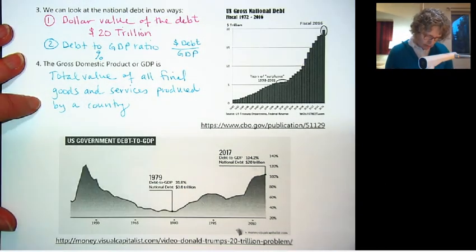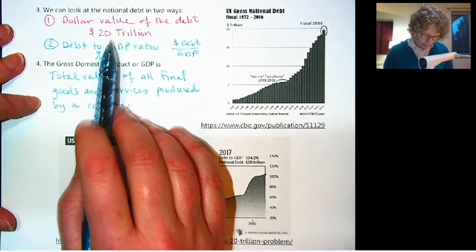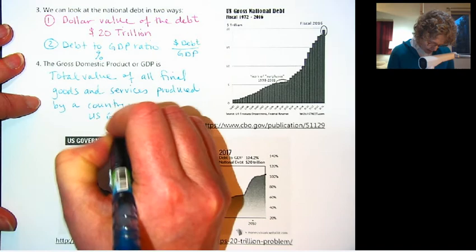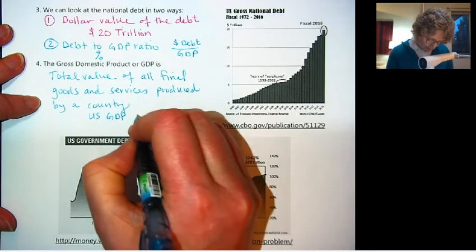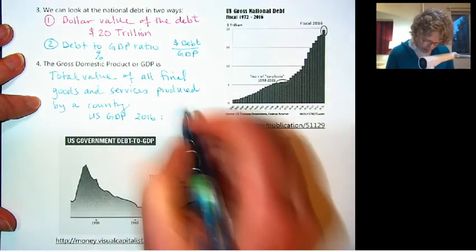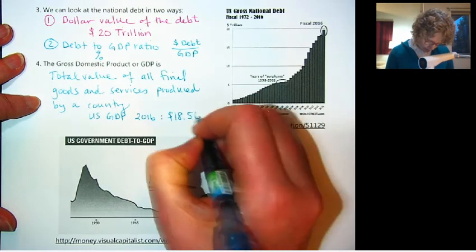I looked up, so our current debt is about $20 trillion. Our current GDP, the US GDP, well, we're partway through a year, so I looked up the 2016, and that was $18.56 trillion.